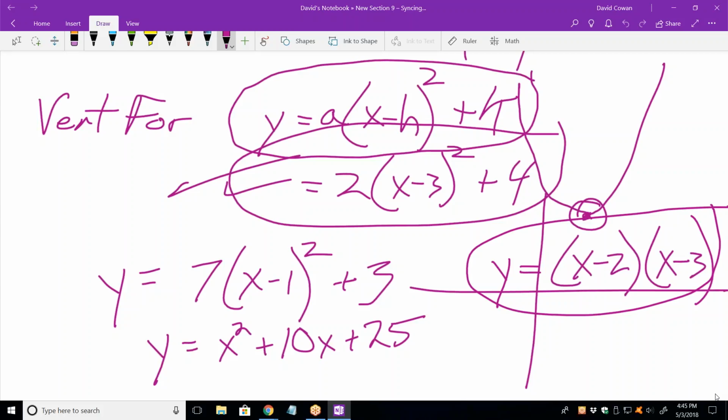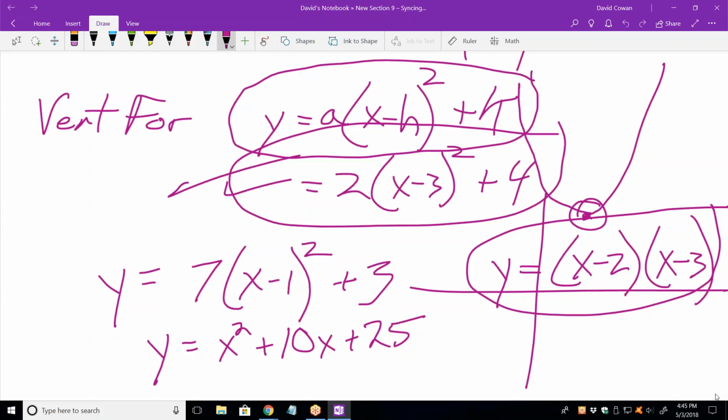So if my X-intercepts are at 2 and 3, what's the X coordinate of the vertex? Halfway between 2 and 3. I shouldn't have said anything. 5 what? 5 halves. You add the two numbers and you divide by 2.